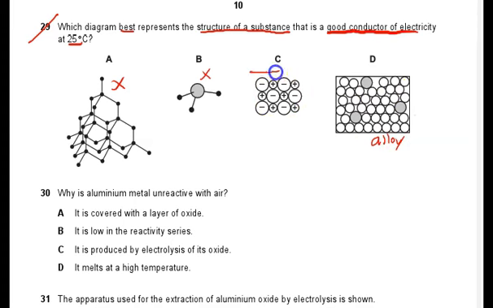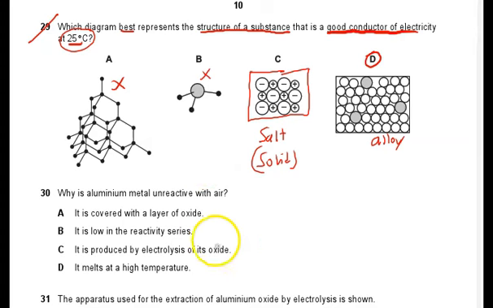So the most possible case here would be a salt form, but salt at 25 degrees remains as a solid, so it doesn't conduct electricity because they do not have mobile charges to carry the current. So the best answer here will be D, because it's an alloy.